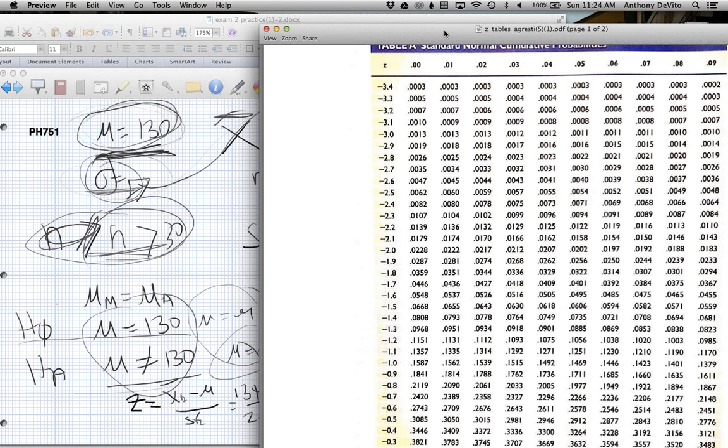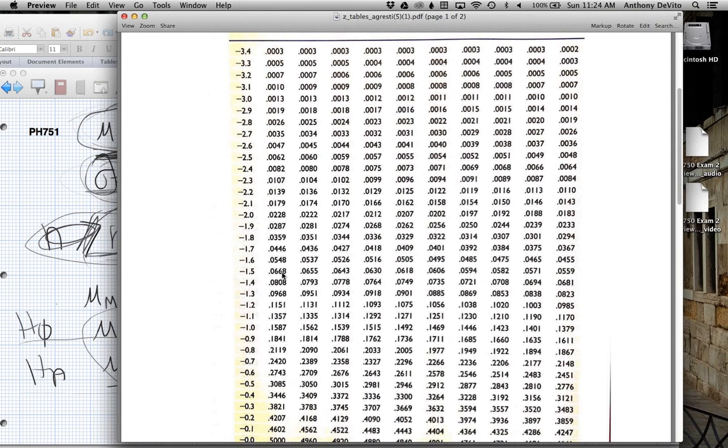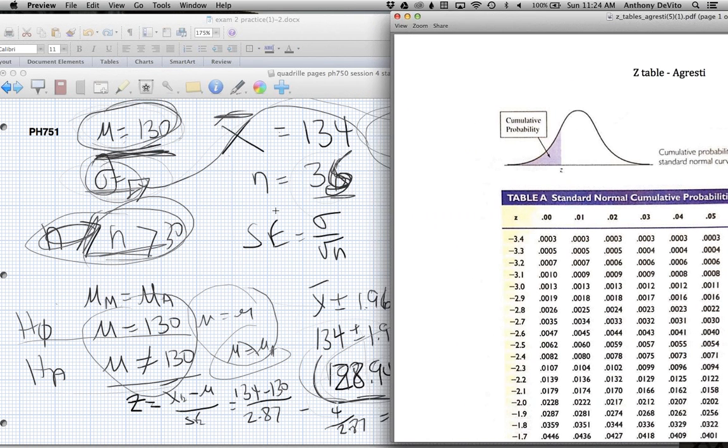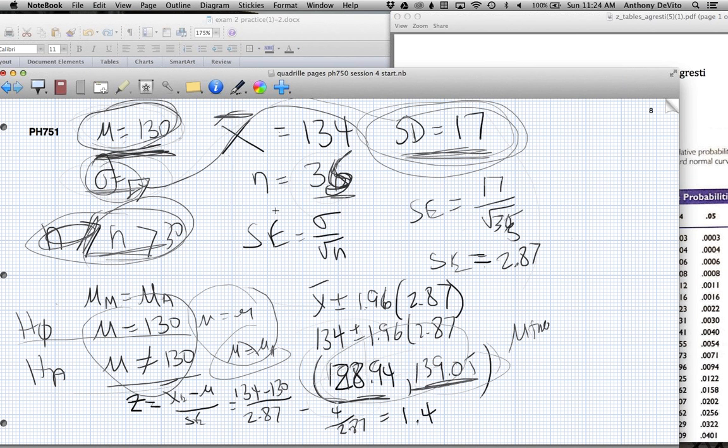Z for 1.4, I'm going to do it on the negative side first: 8% in the left tail. Since we have to double that for a two-sided hypothesis, 8% plus 8%, you have a 16% chance of being wrong. So your p-value, corresponding to the two-sided z-score, is 0.16.